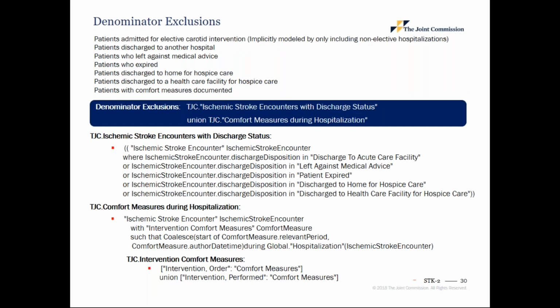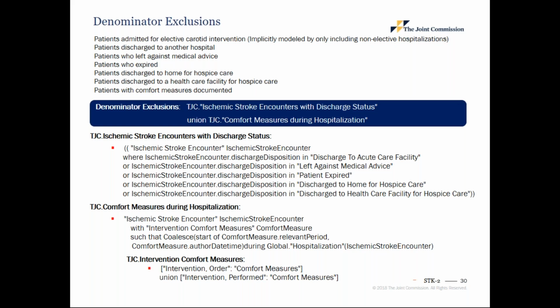Okay, so moving on to the denominator exclusions. The patients admitted for elective carotid intervention is actually not addressed in the exclusion definition. It's addressed in the initial population by only including non-elective hospitalizations in the value set. So then the exclusions that we're looking for are patients discharged to another hospital, who left against medical advice, who expired, who are discharged to home for hospice care, discharged to healthcare facility for hospice care, or patients with comfort measures documented during hospitalization.